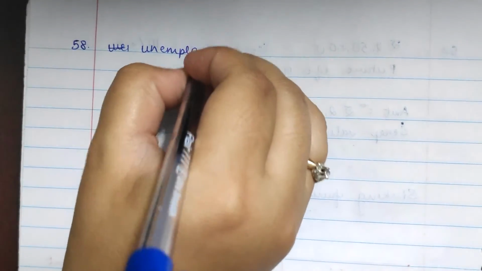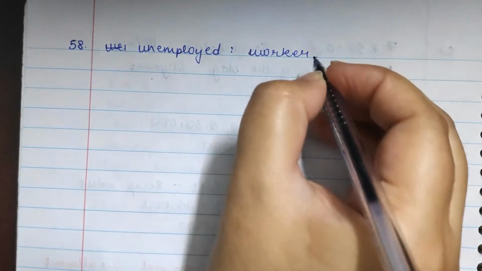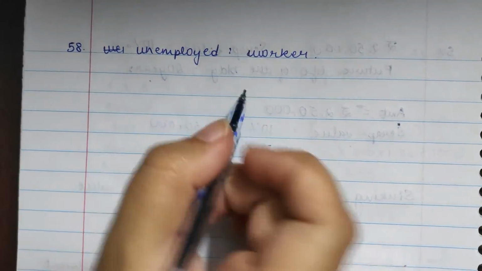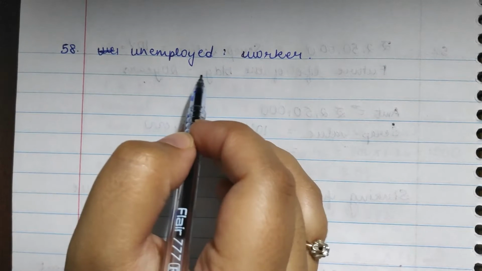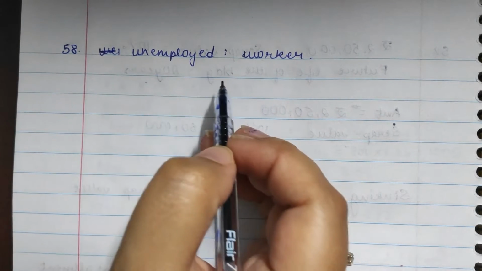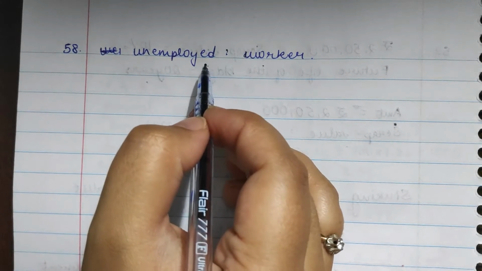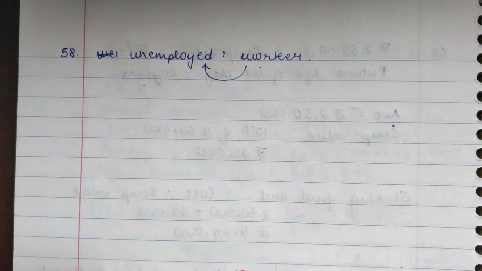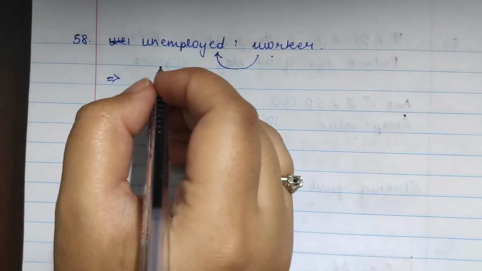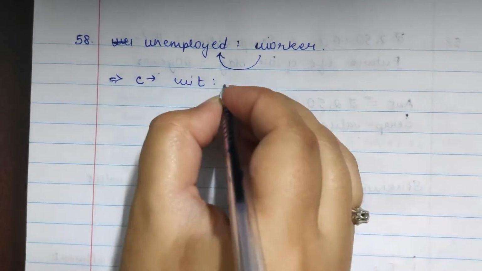So the question is like, unemployed is to worker. Basically we have to find the answer which best expresses their relation. So what is their relation? These can be opposites, like unemployed and employed, or it can be that previously the person was unemployed but now he's a worker. When you see all the options, there's an option C which is wit is to jester.